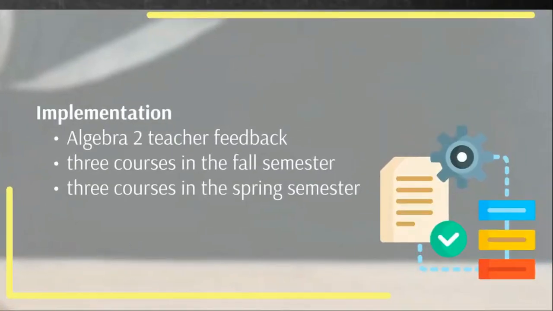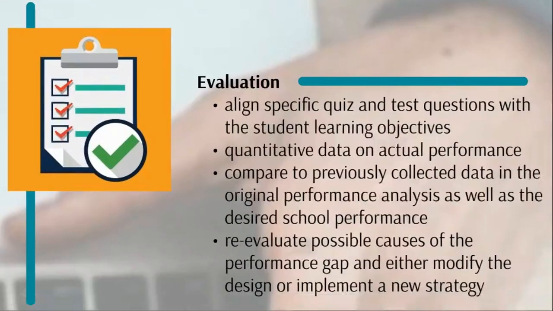Before implementation, the instructor plans to have Algebra 2 teachers try the activity and provide feedback. After the suggested edits are complete, the instructor plans to use the activity in all 3 courses in the fall semester. Student feedback will allow the instructor to improve the activity for the 3 courses in the spring semester. To evaluate the impact of Desmos Classroom on improving student mastery of systems of equations, the instructor will align specific quiz and test questions with the student learning objectives.